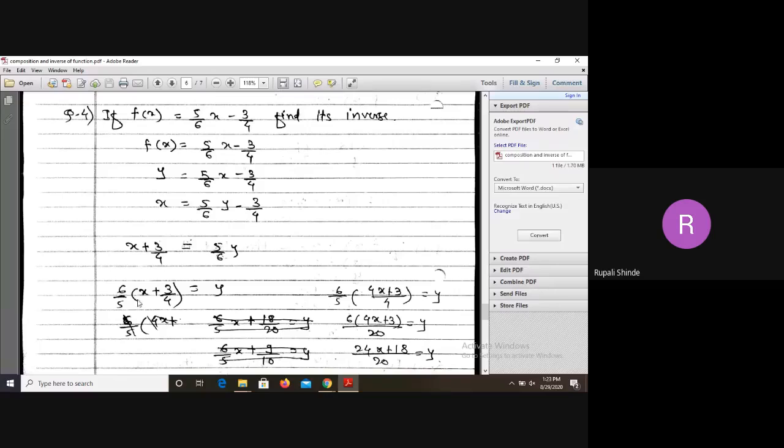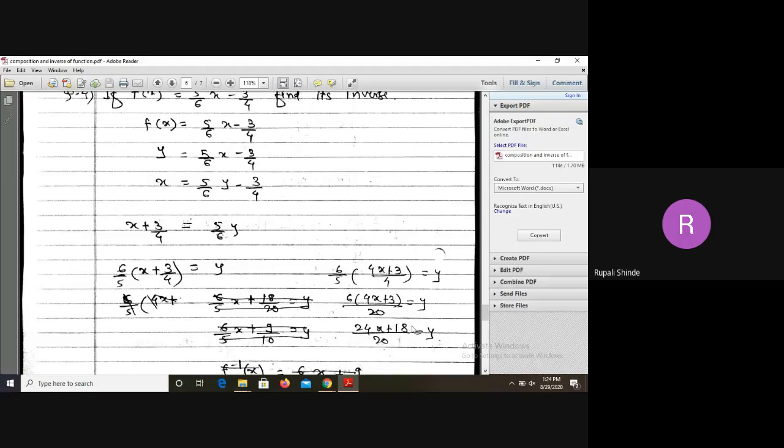Before applying this 6 by 5 inside the bracket, we have to solve this bracket as 6 by 5 into 4x plus 3 divided by 4, and that is equals to y. So again 6 into 4x, that is 24x plus 18 divided by 5 into 4, 20.